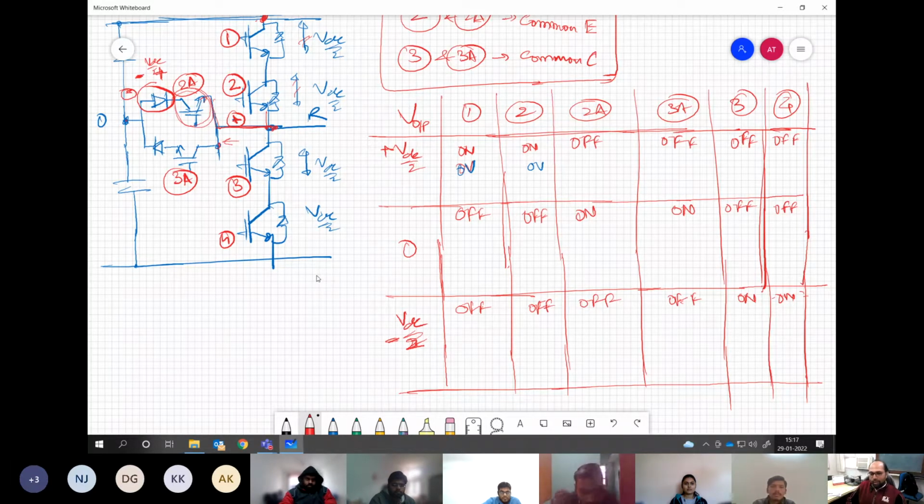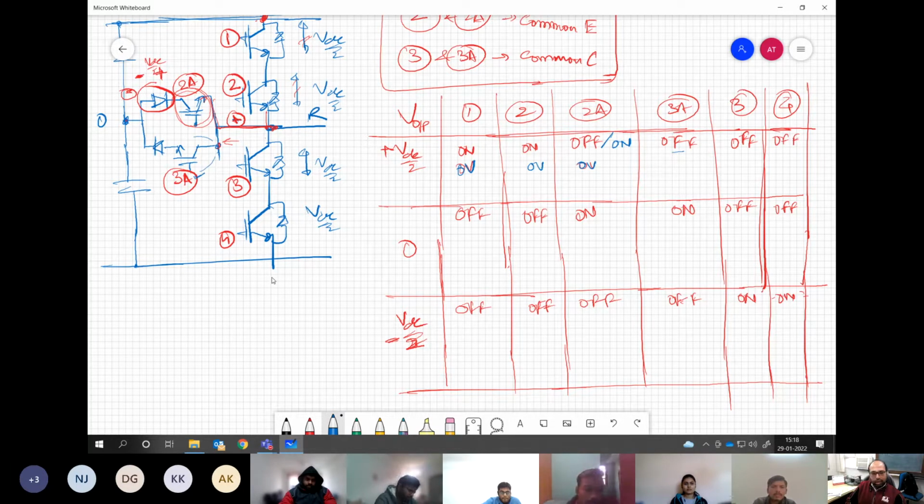0. So which means that if 0 voltage is coming across this device, whether you keep this device on or off, does it matter? No, sir, it doesn't matter. But your 3A must be off. There is no doubt in that, because this is the device which will stop voltage in this polarity, plus minus.